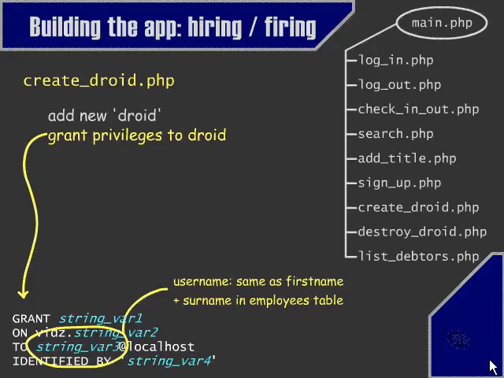String variable 3 is effectively the username that the employee is going to use to log on to MySQL. And this is created by the application and is simply a result of concatenating the first name with the surname of the employee.